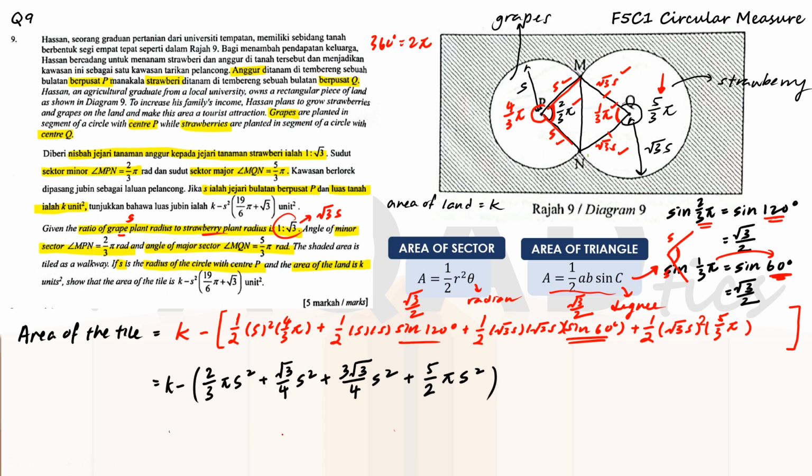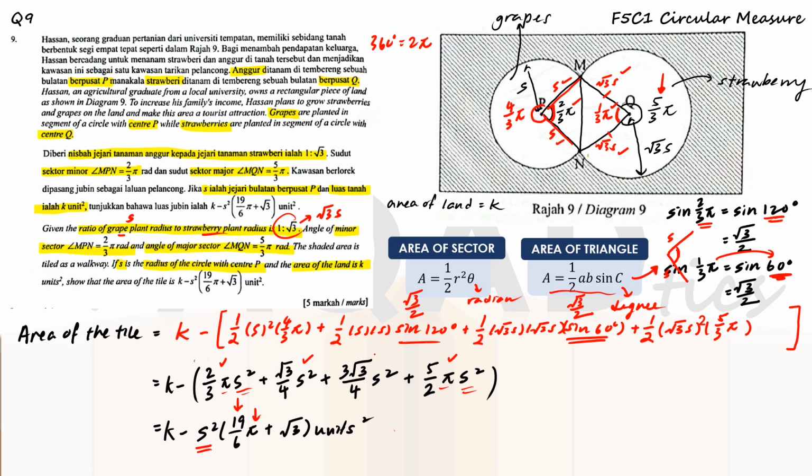To get to the final line, I will add these two values together. So 2 over 3 plus 5 over 2 becomes 19 over 6, and we remain the pi. This S squared, I will move outside of the bracket, so it will appear here.